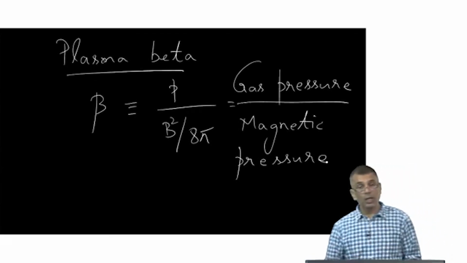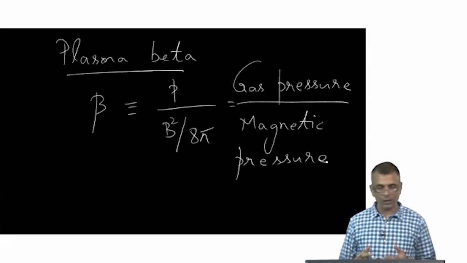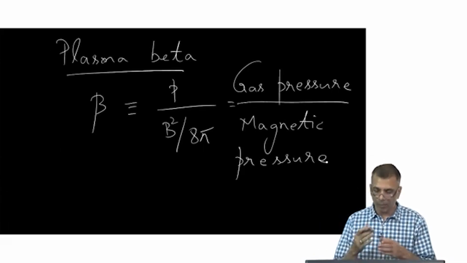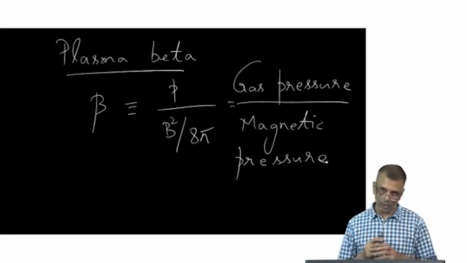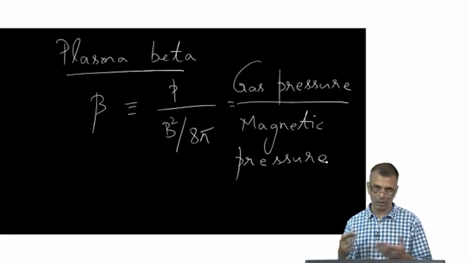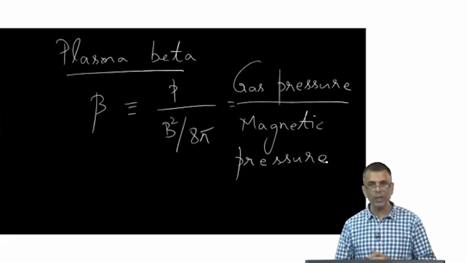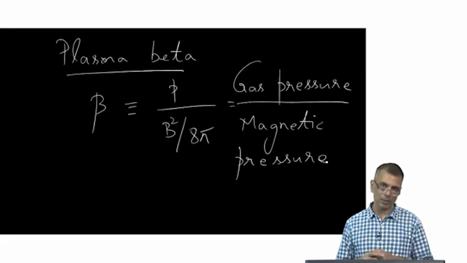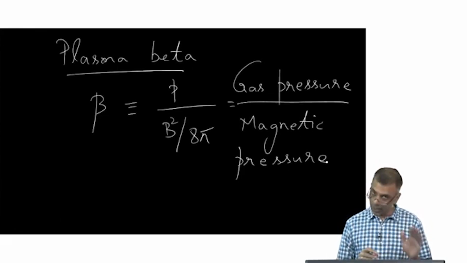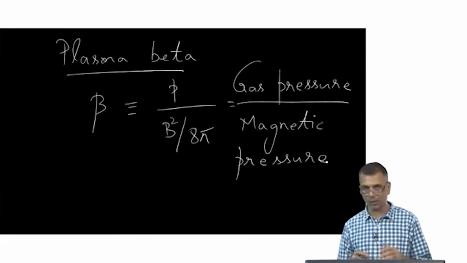And the gas pressure is simply your usual P equals NKT, right. Magnetic pressure is something that we have not yet encountered. We will do so, and I will reintroduce this when we do so, but for the time being I just wanted to list out this other important dimensionless number in magnetohydrodynamics, not in hydrodynamics, but nonetheless.